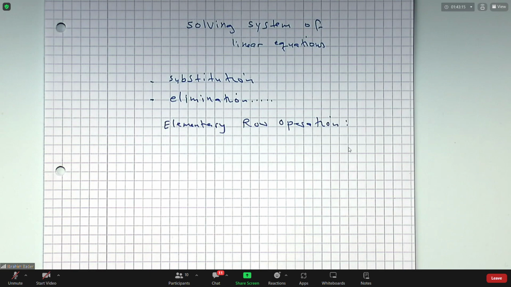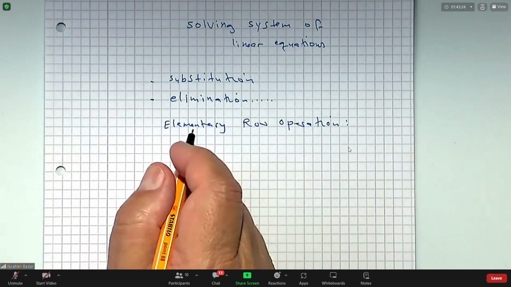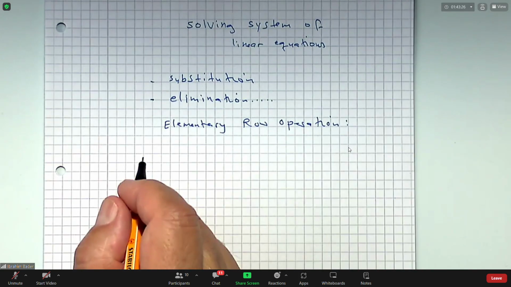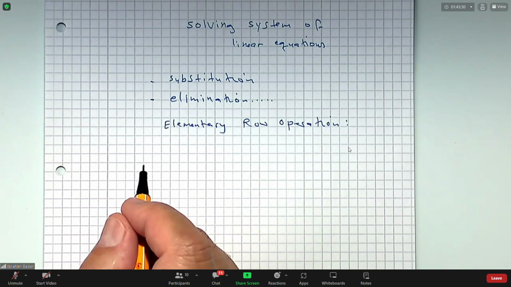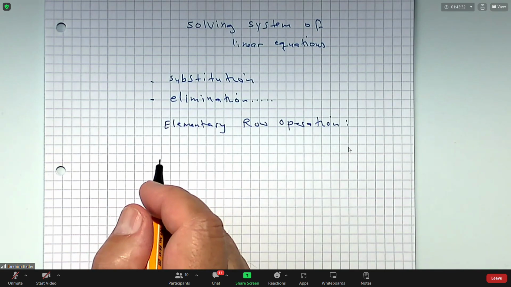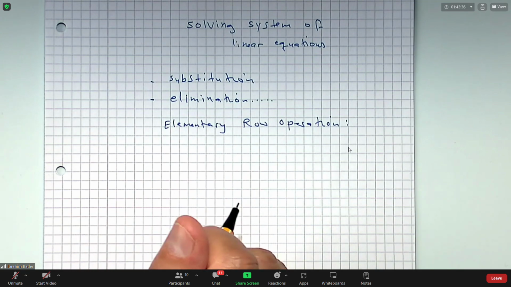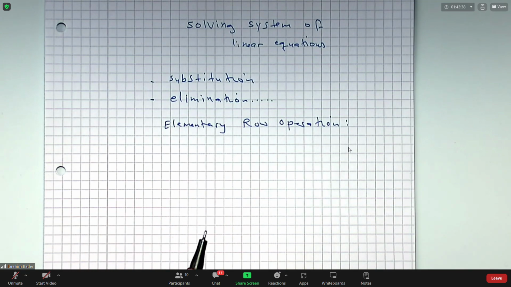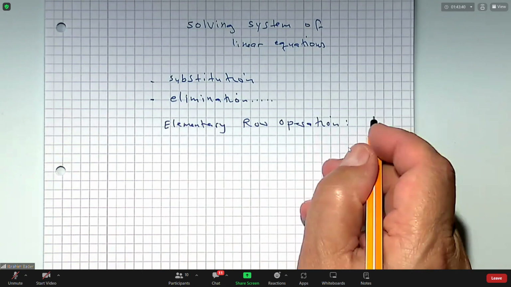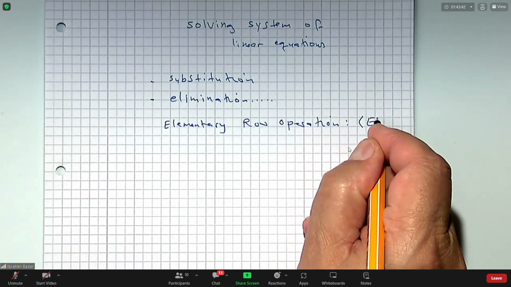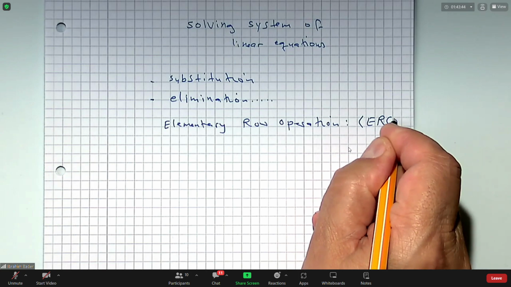Actually, when we solved this problem earlier today, we were using these operations maybe without knowing the exact formulation, like multiplying by negative 2 and adding it to another row and so on. So these elementary row operations for short are called ERO.